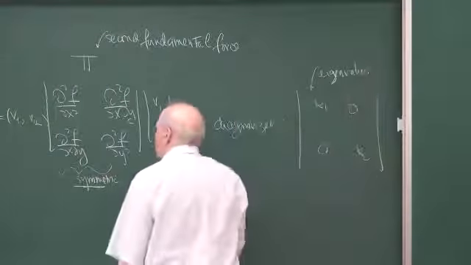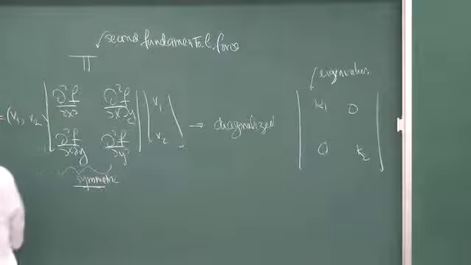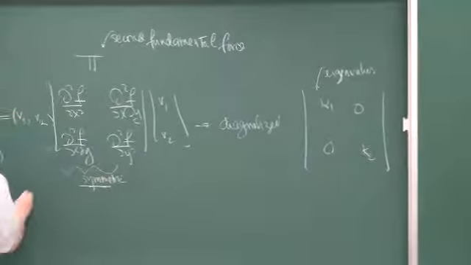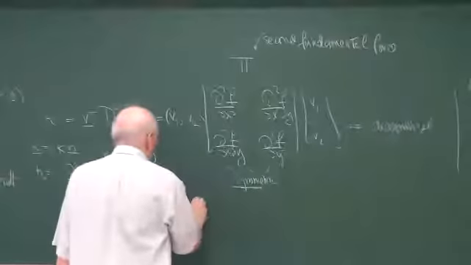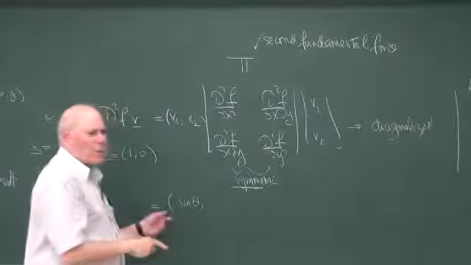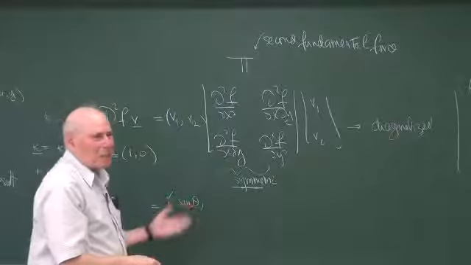So in that case, it's easier to see. After diagonalization, again, you can make v equal to sine theta, cosine theta, or cosine theta, sine theta. What did I do last time? It doesn't make any difference.